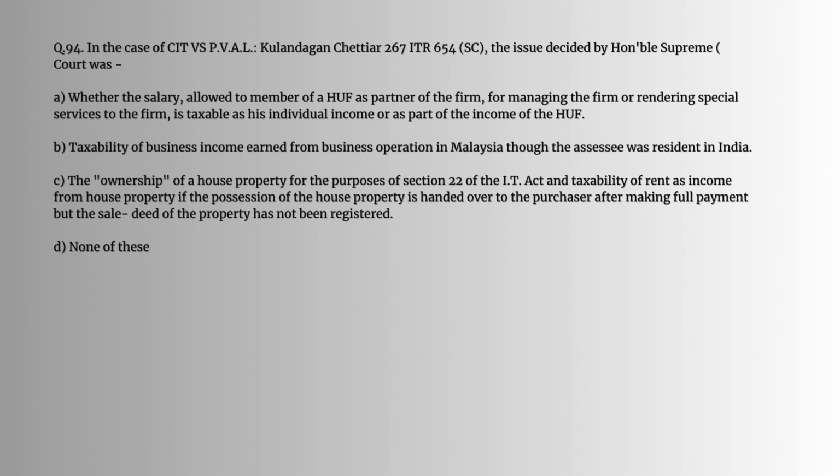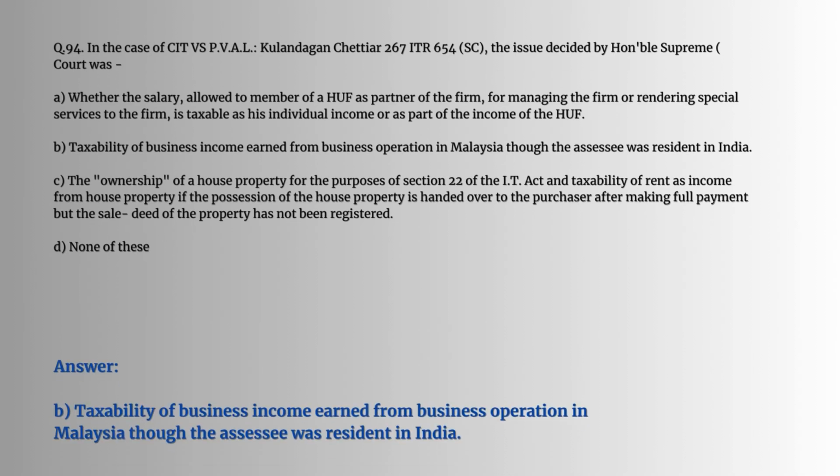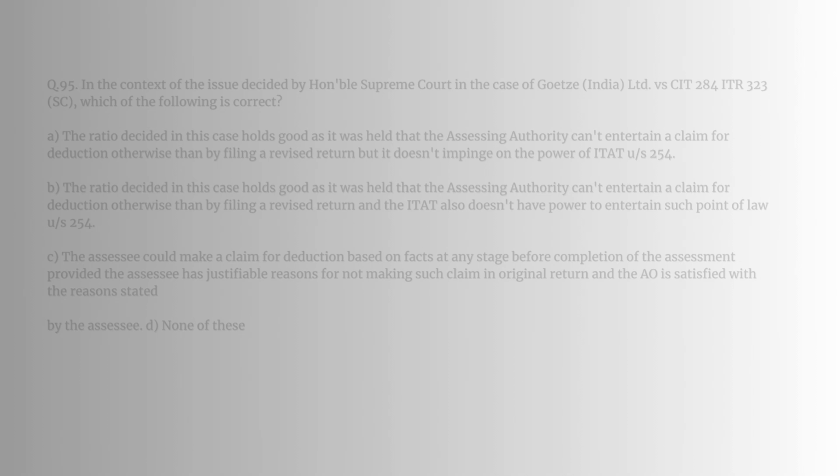Question number 94. In the case of CIT with Kulandagan Chettiar, the issue decided by Honorable Supreme Court was, the answer would be B. Taxability of business income earned from business operation in Malaysia through the assessee, though the assessee was resident in India.